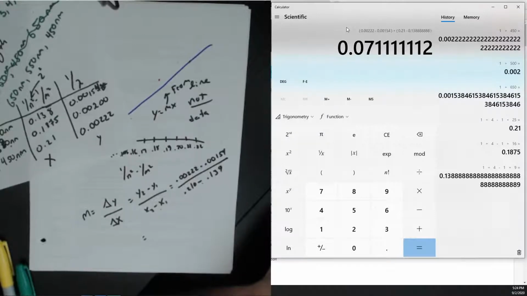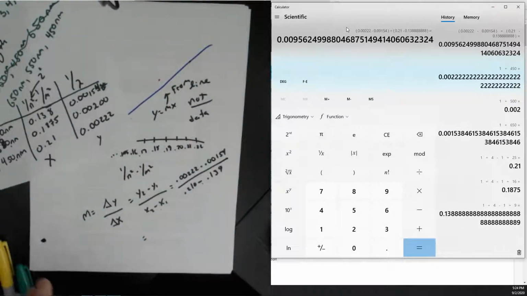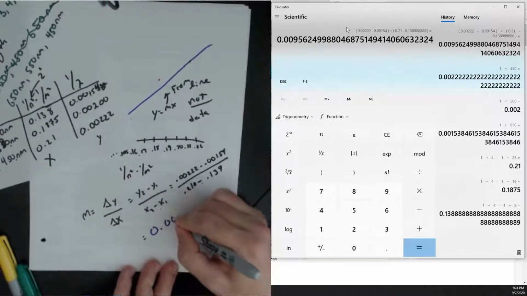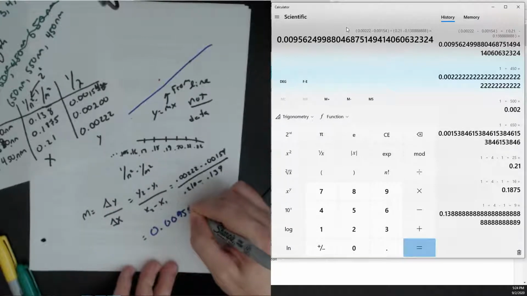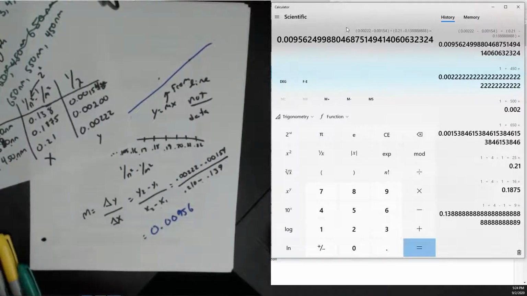All right. Giving us this number right here. This is 0.00956. Now that doesn't really mean anything right now, but this is based on these numbers I made up.